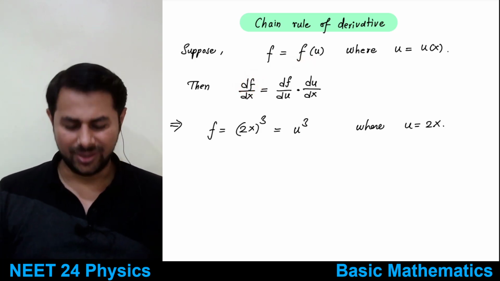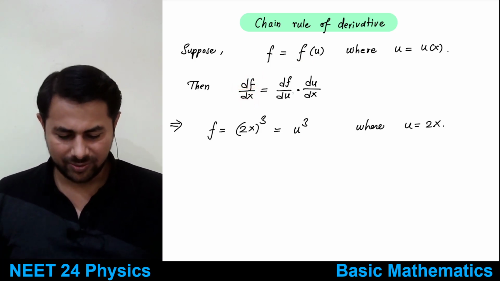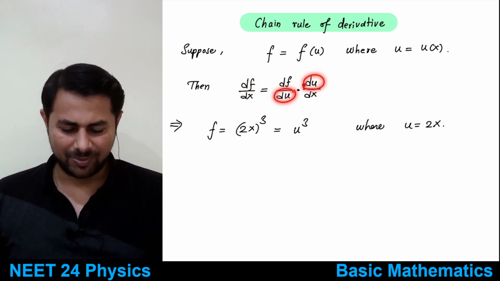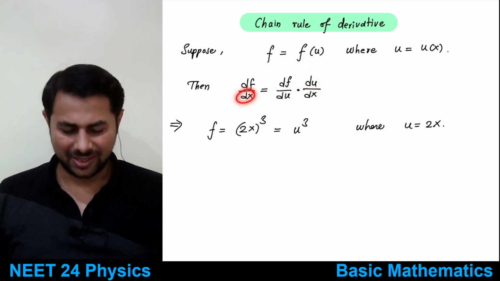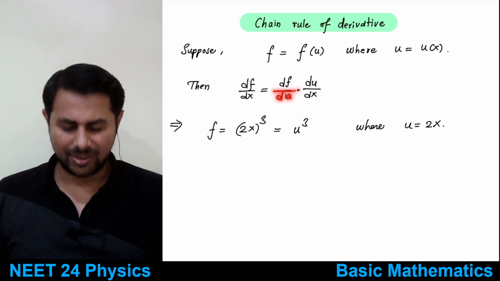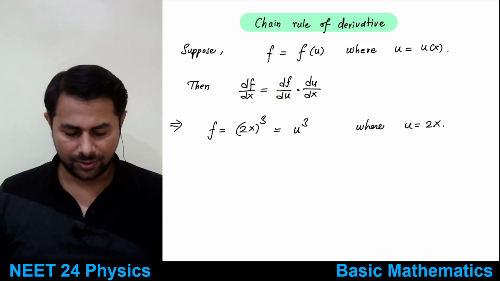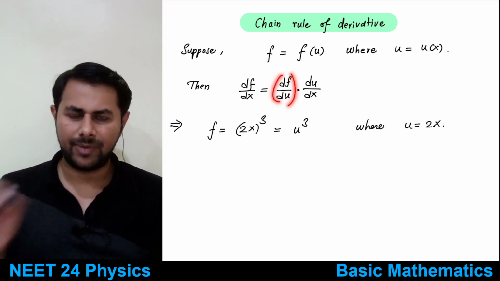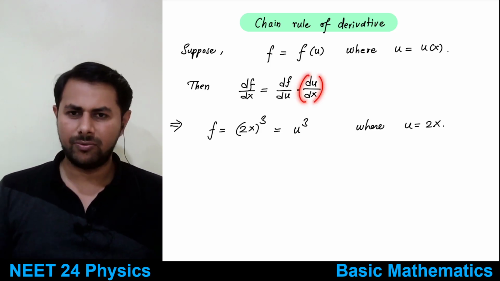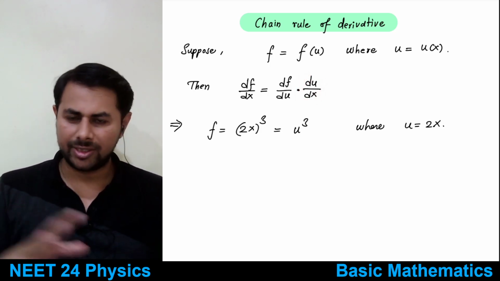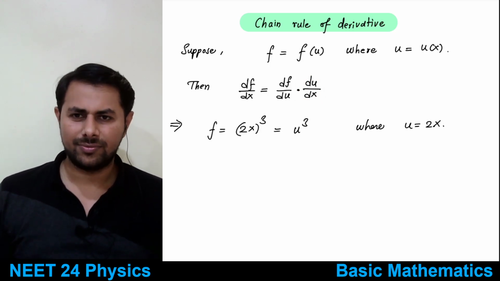Then what's the rule? You want df by dx, so we multiply and divide by du. So df by dx can be written as df by du multiplied by du by dx. First you take the derivative of f with respect to u, then the derivative of u with respect to x, and you multiply them. So this is the chain rule.